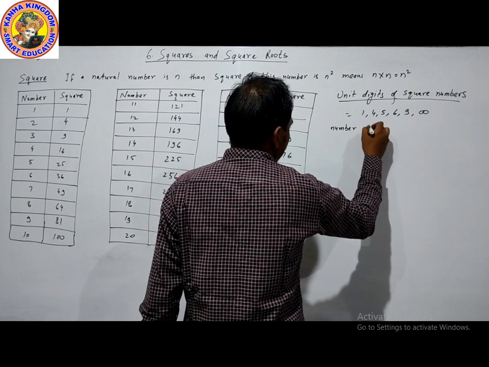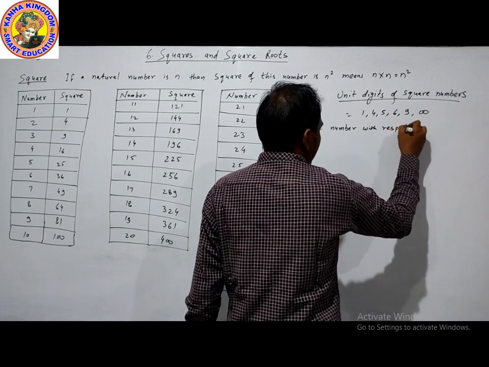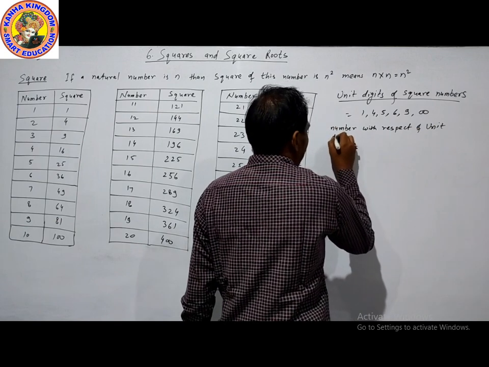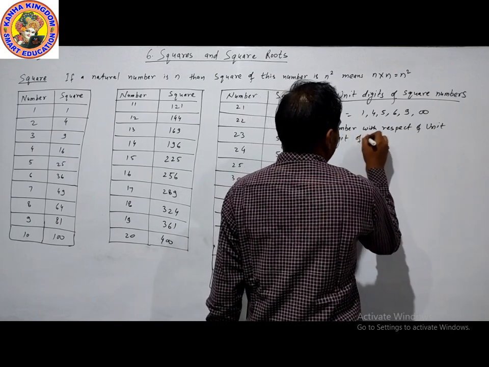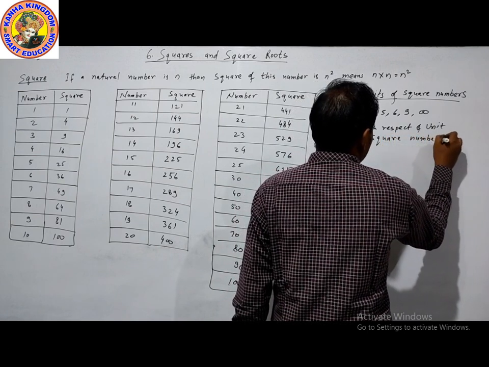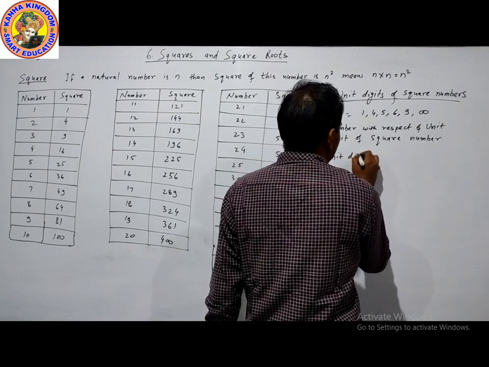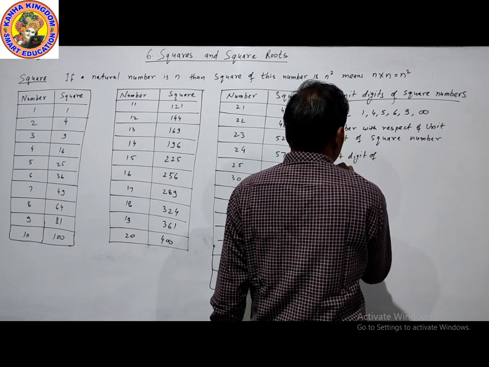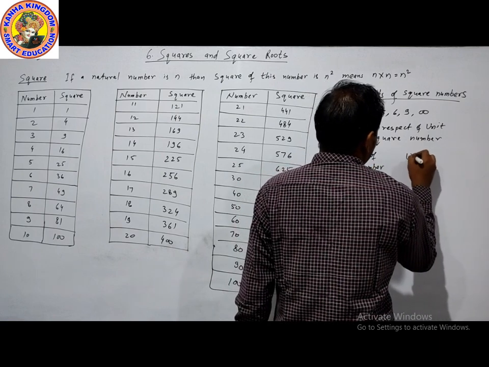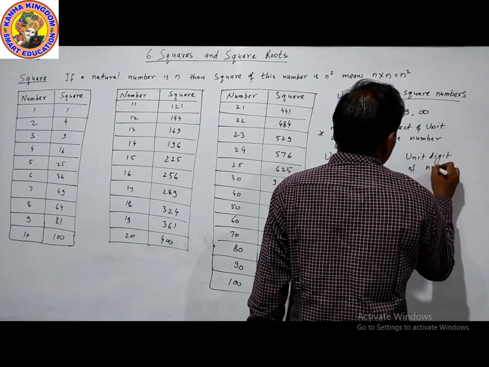Now the number with respect to the unit digit of the square number. The unit digit of the square number and the unit digit of the number.